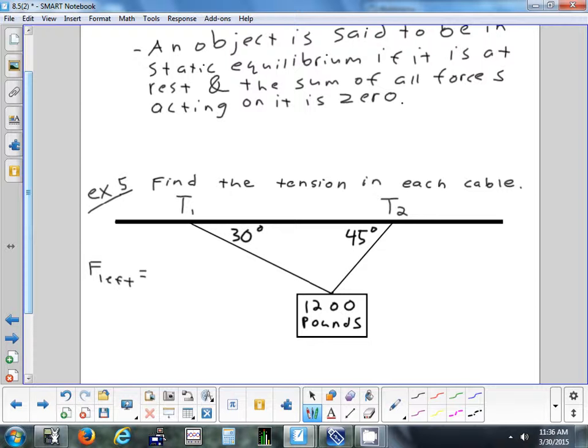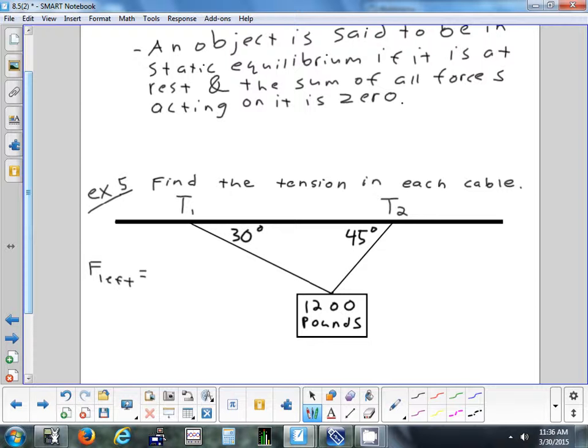Imagine I were to cut cable T2. All of a sudden this thing would swing to the left. So there is a force pulling left, but it's balanced with the force pulling the other way. It's not moving horizontally, right? Darren, in this case, it's not moving left or right.